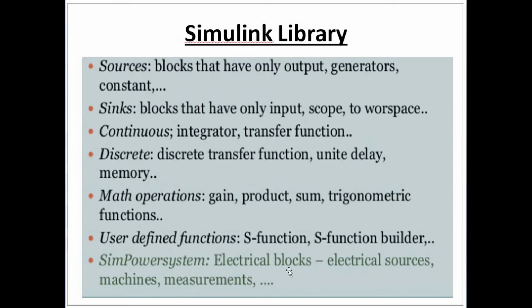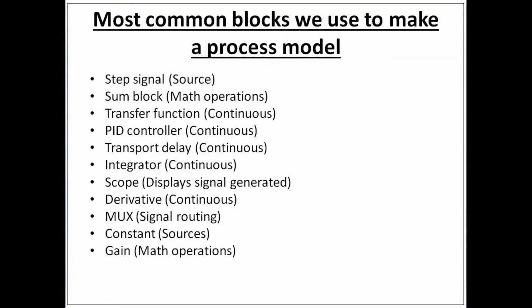So in process control, basically we do not require all these blocks, only the basic blocks. We will require these 3 or 4 types of basic building blocks, right? So next, it is step signal, which comes under the source.